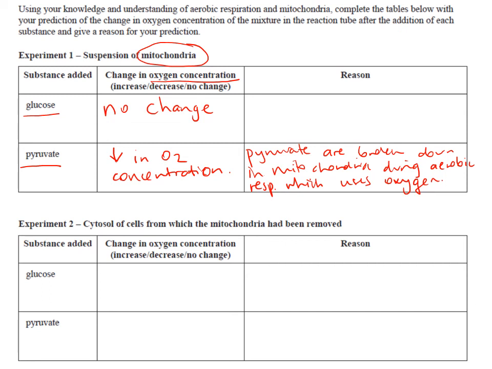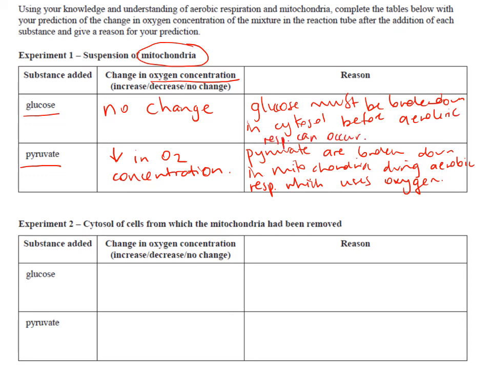Whereas for glucose in mitochondria, glucose must be broken down in the cytosol before aerobic respiration can occur. So therefore, no oxygen will be used as aerobic respiration isn't occurring.